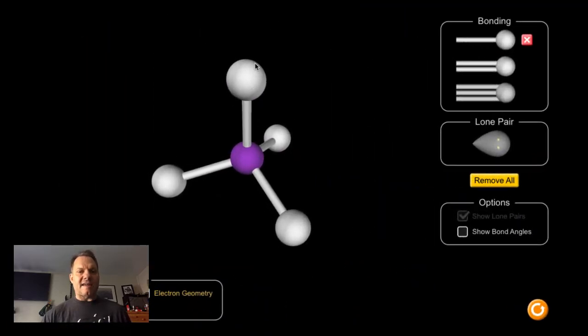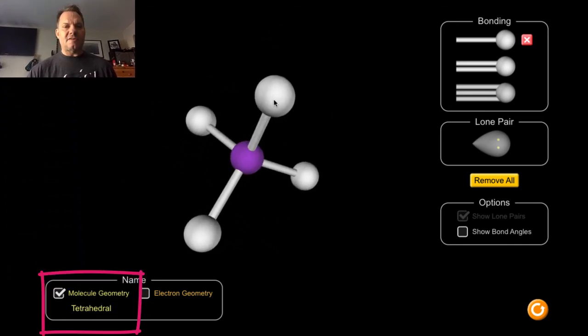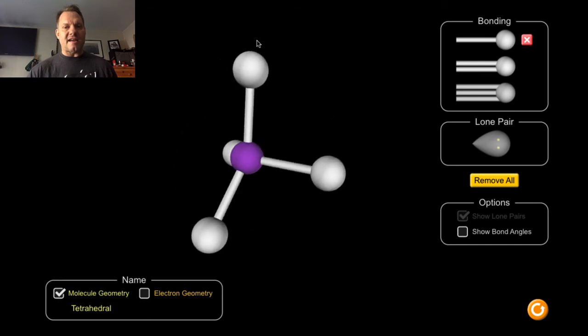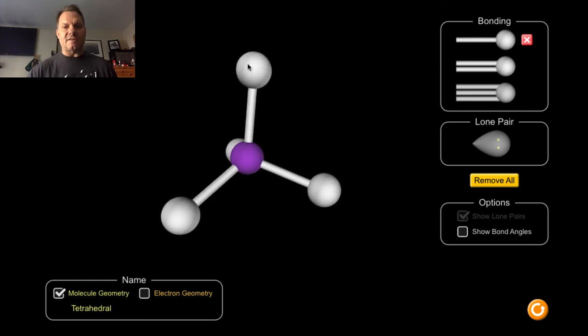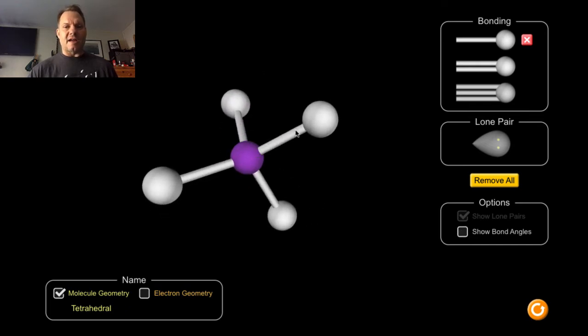The shape of this is called a tetrahedral shape. So even though it's drawn to kind of look square, if you start rotating it around, you can see that it's actually a 3-dimensional tetrahedron. The bond angle here is actually 109.5. A very fun geometric proof to go through. I'll be glad to go over it with you sometime if you'd like. But that's our tetrahedral shape.